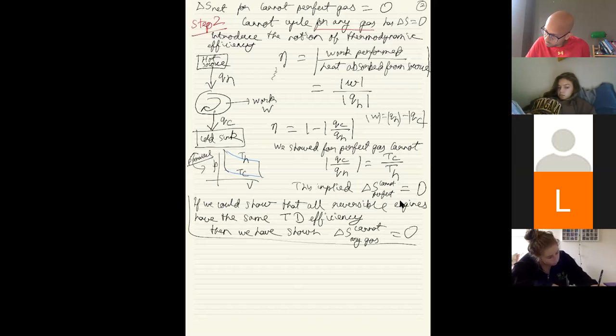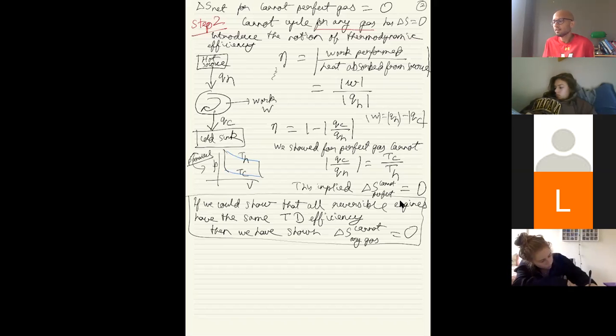This is a subtle point. This is almost like a logical argument. I'm telling you here is that if we could show that all reversible engines have the same thermodynamic efficiency, then that implies that any gas for a Carnot cycle has the same thermodynamic efficiency, has delta S equal to 0.